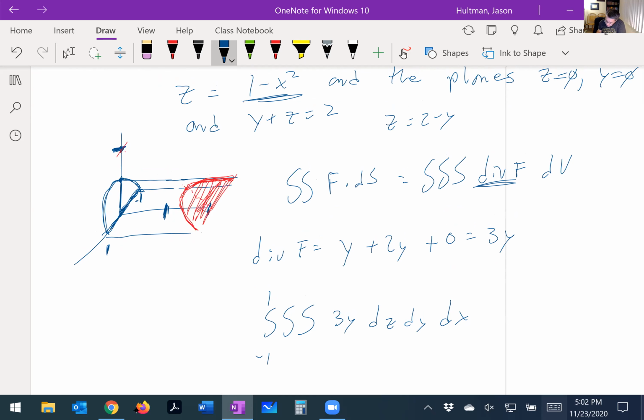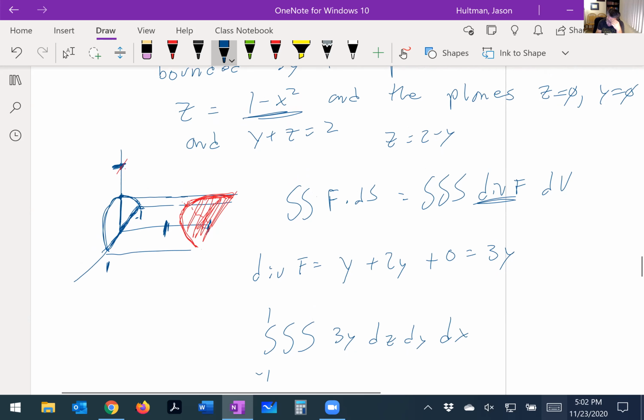I need to get down a variable each time I do this, right? So let's go to y first, because I want y in terms of x. The problem is I can't do that, because I have y in terms of z. So you know what I'm going to do? I'm going to be sneaky here.